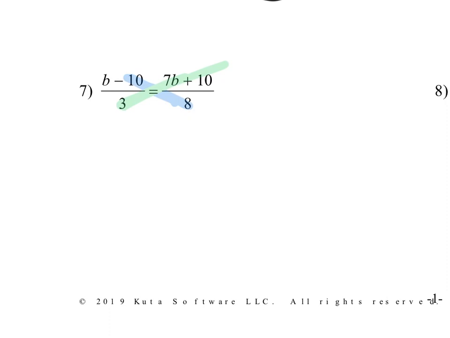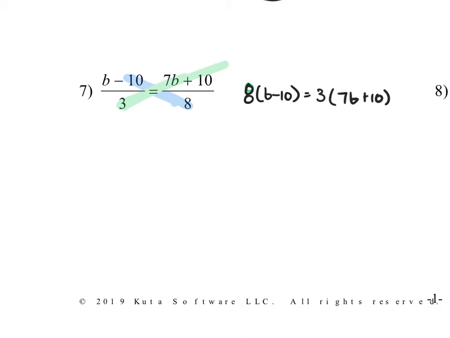But as you look at this with your blue cross product, you're going to end up with 8 times B minus 10. And then that is going to equal your green cross product, which is 3 times 7b plus 10.